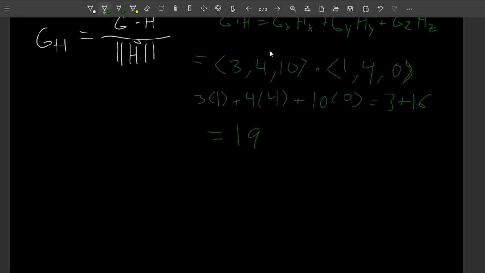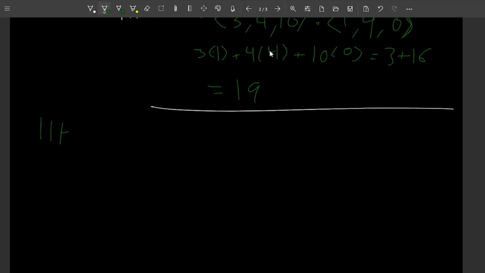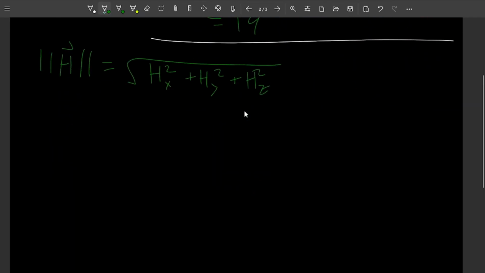And now if we want to find the magnitude of h, this is defined as the components of h squared and added under a square root, which just means the distance that the vector h is covering in space.